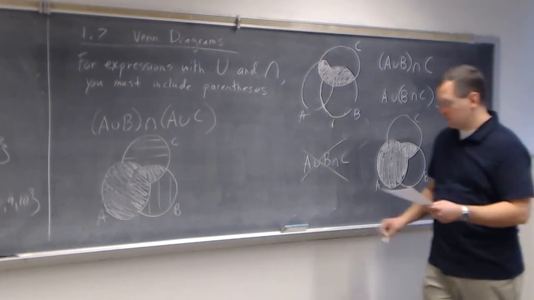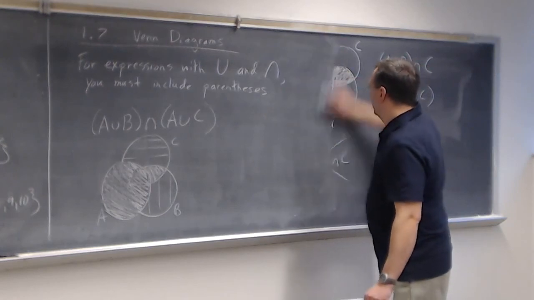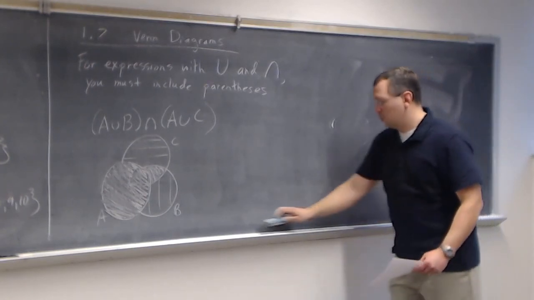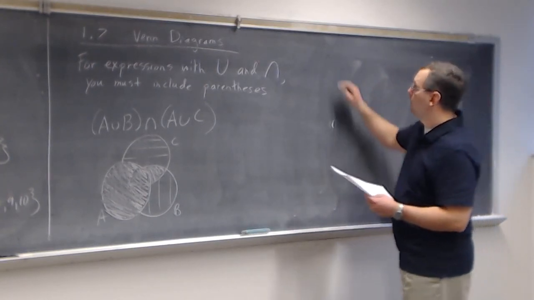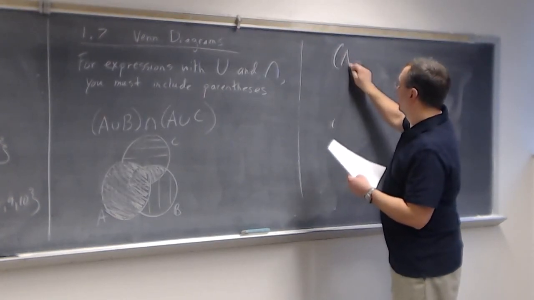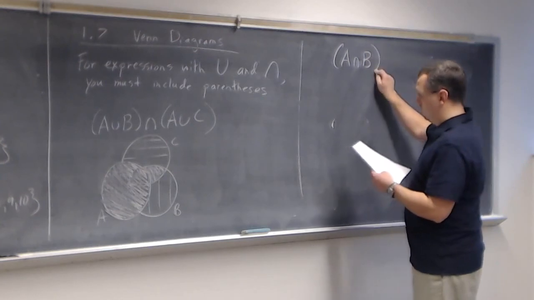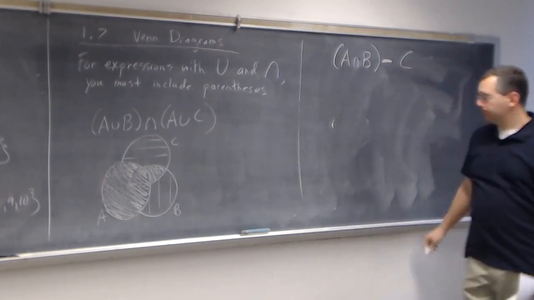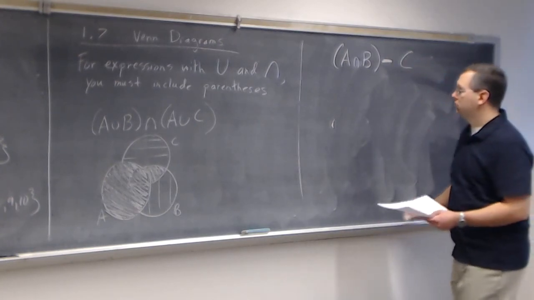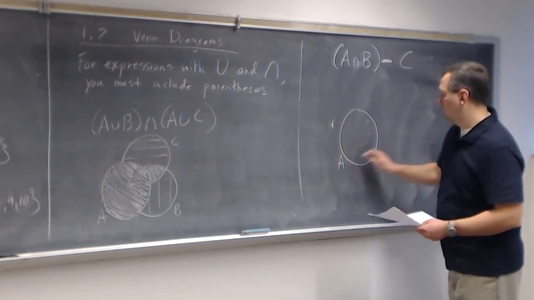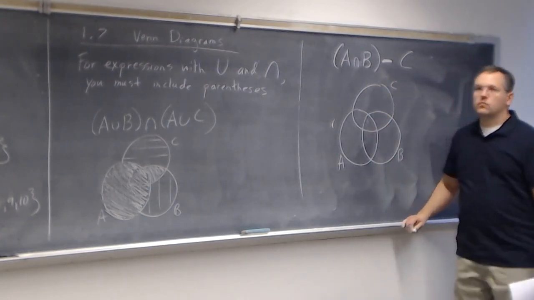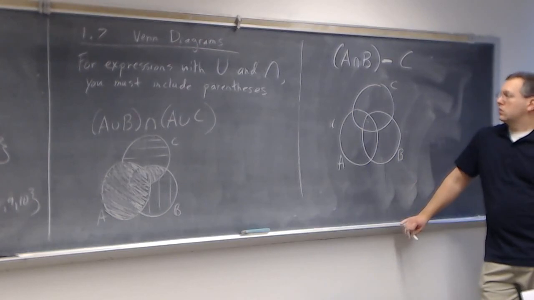We've got time for one more example. 1.7. A intersect B, the difference of A intersect B and C. So where is A intersect B?